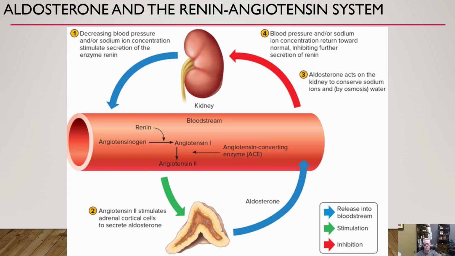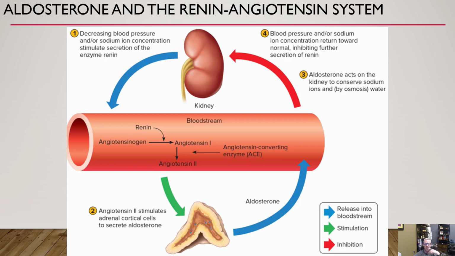That's going to be more nursing school in-depthness. We'll just briefly go over it. Here, you have a decreasing blood pressure and/or sodium ion concentration. It's going to stimulate the secretion of this enzyme renin.